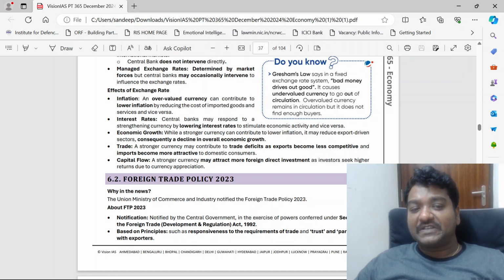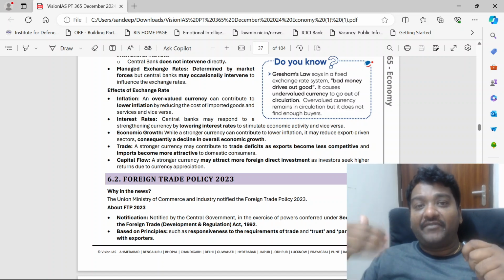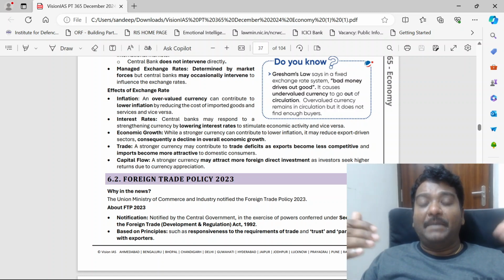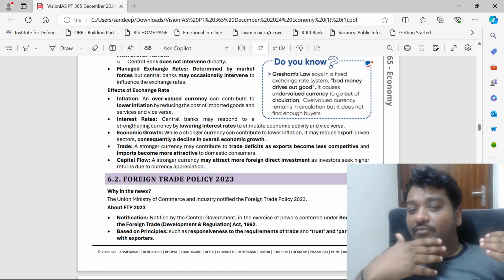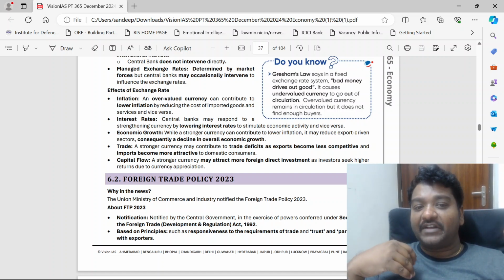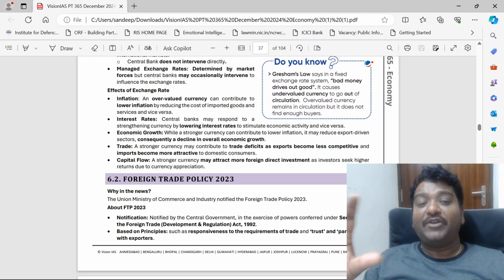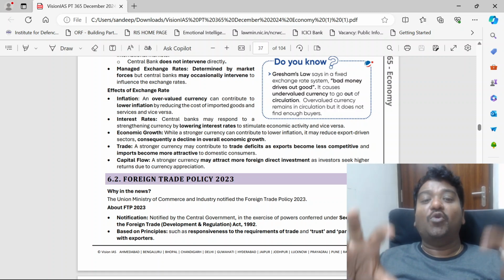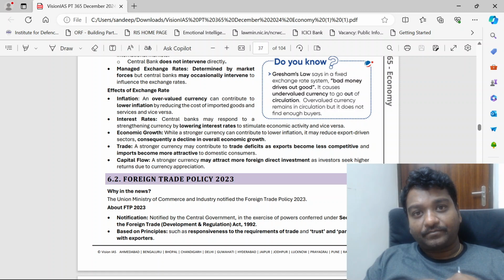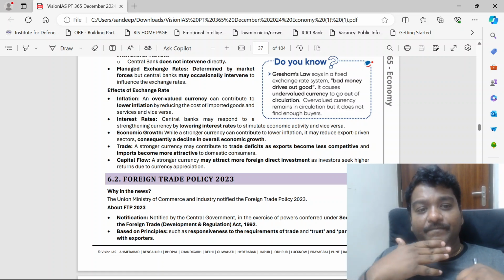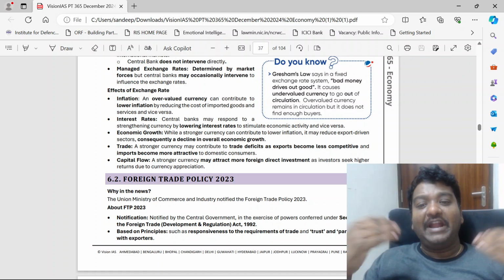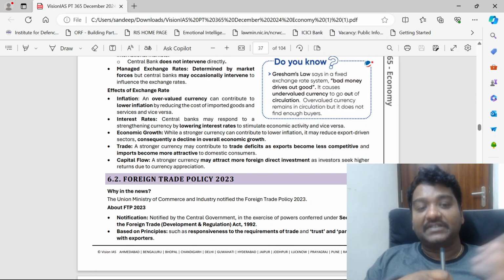Central banks may respond to a strengthening currency by lowering interest rate. That means whenever currency becomes stronger, at that point of time, what will the bank do? Bank will lower interest rate to stimulate economic activity and vice versa.